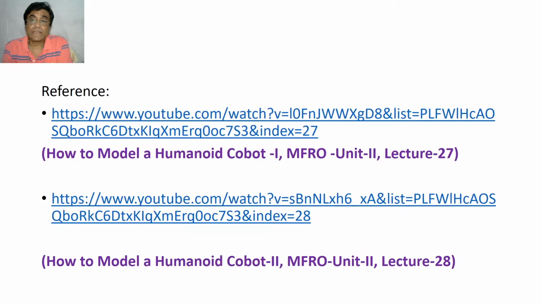And before starting this lecture, because now we are going to straightaway extend the redundant robot inverse pose solution strategy to a real collaborative robot or cobot, like Baxter. And for that, already this is my earlier video lecture, lecture number 27, and this is lecture number 28.